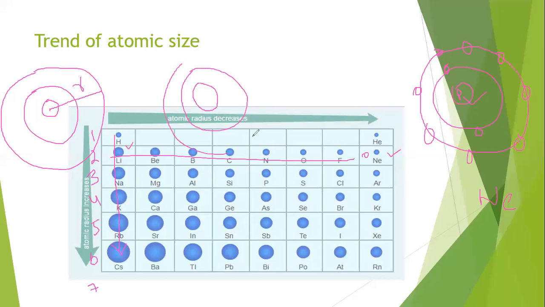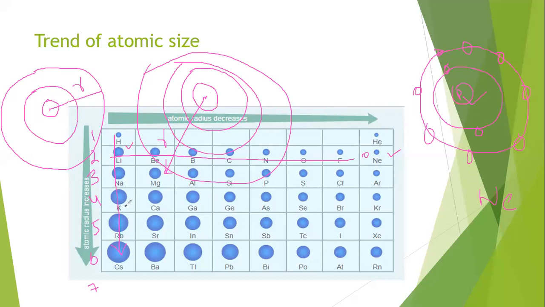Sodium atom has 3 shells, 1, 2 and 3. So if the atom has more shells, 3 shells instead of 2, then its atomic radius will be higher than the atom which has 2 shells. Sodium has 3 shells, so the distance from the center to the circumference will increase.